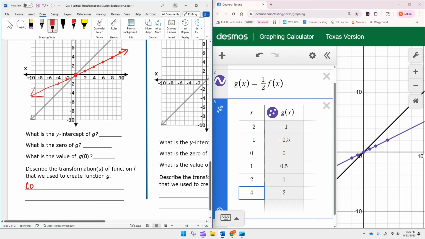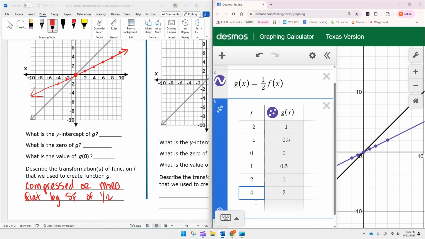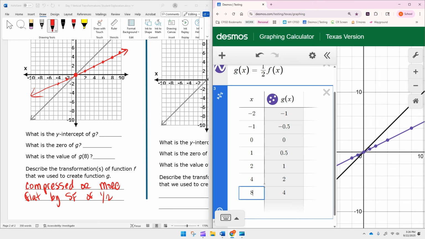So we compressed, or made it more flat, by a scale factor of 1/2. And now let's find g of 8. g of 8 gives us 4. That'd be 1/2 times 8. Half of 8 is 4. The zero of the graph is 0. The y-intercept is also 0.